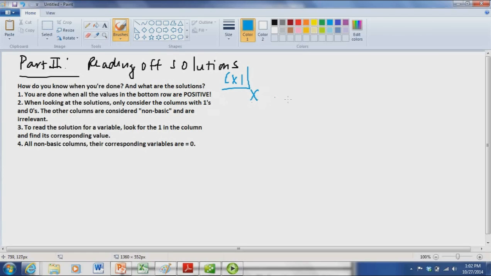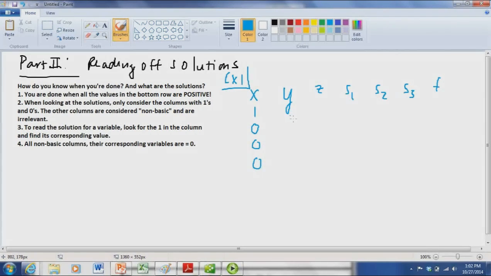And what are the solutions? All right, and I'm kind of going backwards here, you have already solved the problem. So we have x, y, z, and then we have an S1, an S2, an S3, a function, and then we have a constraint. All right, so because we've solved it, we have a 1, 0, 0, 0.